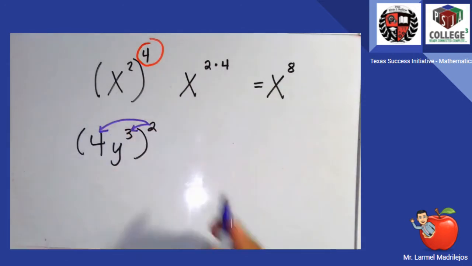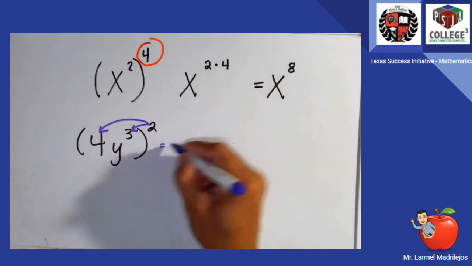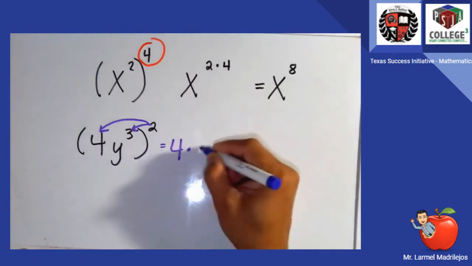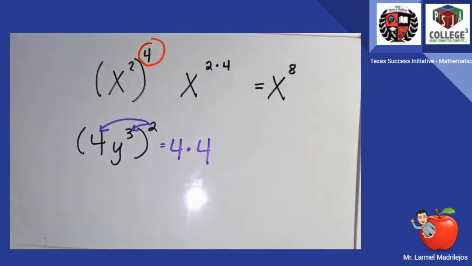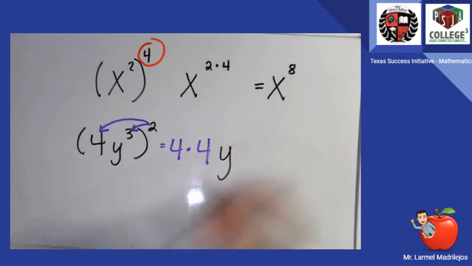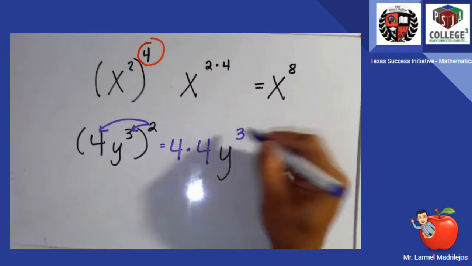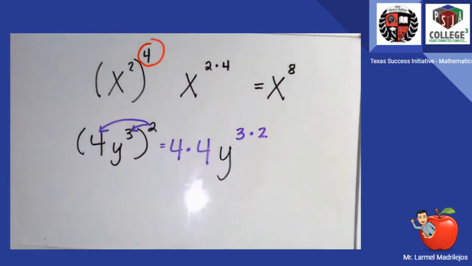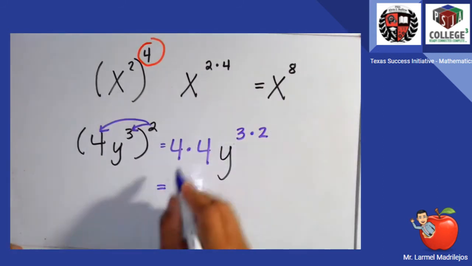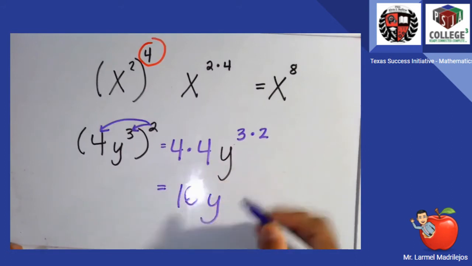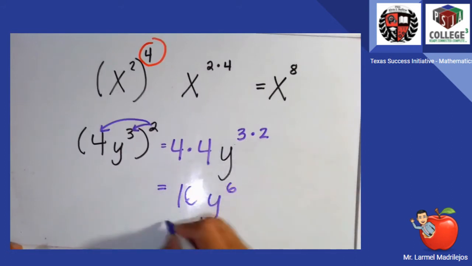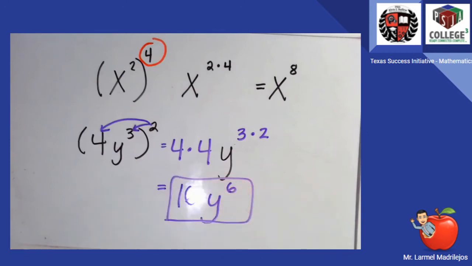So this is going to be 4 times 4, and the y, and 3 times 2. So the answer is 4 times 4 is 16, 3 times 2 is 6. That's the final answer.